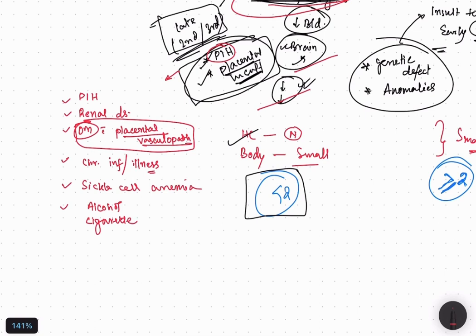So PIH, renal disease, diabetes with vasculopathy, chronic illness, malnutrition, sickle cell anemia, alcohol, and cigarette smoking can cause asymmetric IUGR. These are the maternal causes which can lead to IUGR.